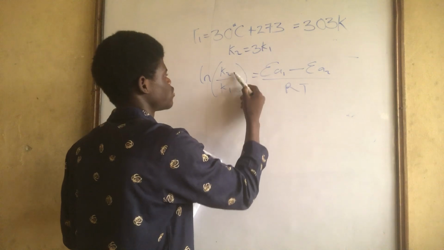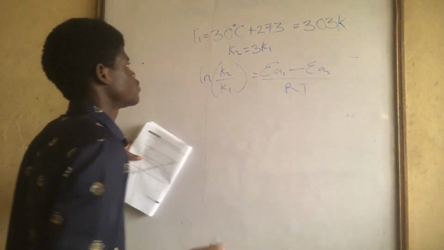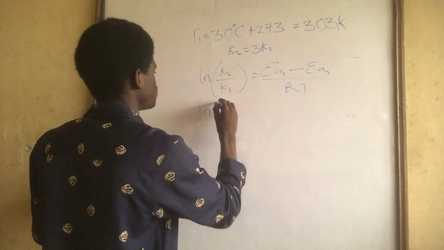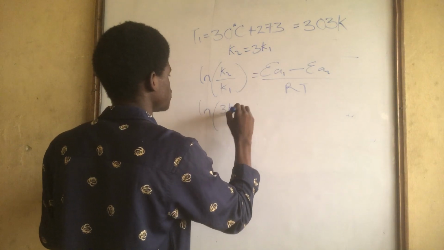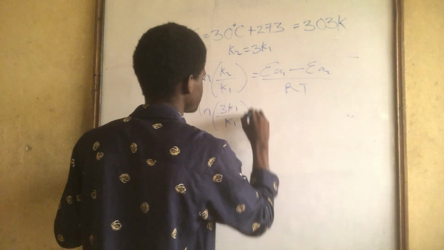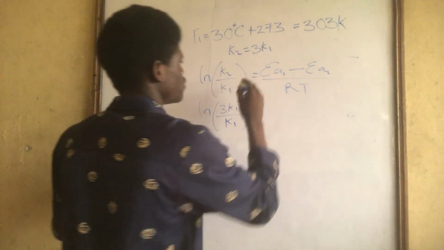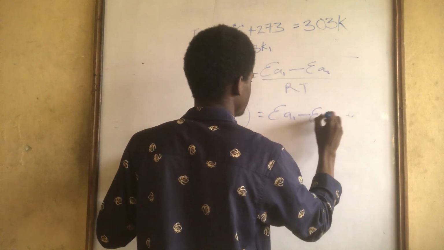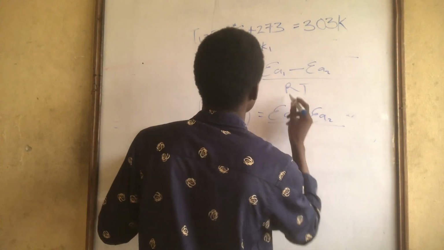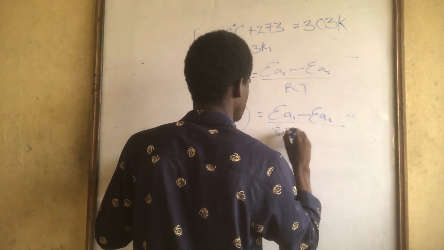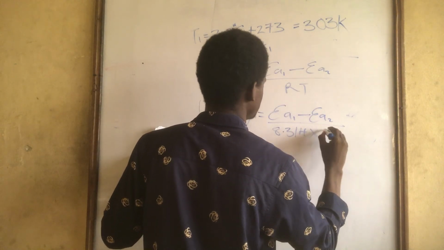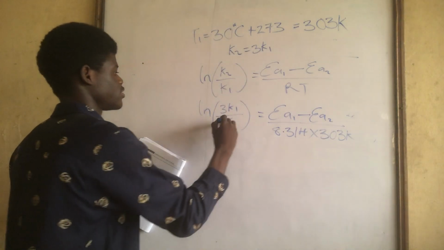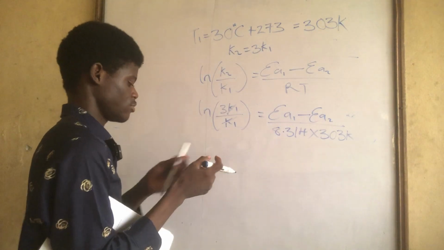So K2 is actually 3K1, so 3K1 over K1 is equal to the change in activation energy, which is what they're asking us to look for, over R, which is 8.314, times our temperature, 303 Kelvin. So this will be ln 3, because K1 will cancel K1.